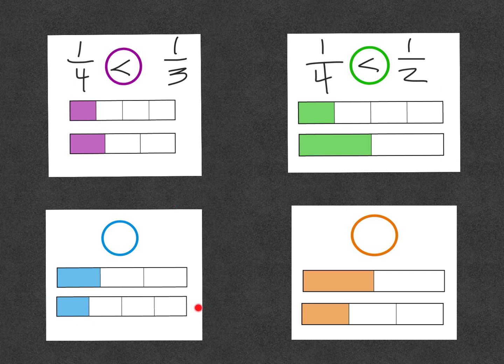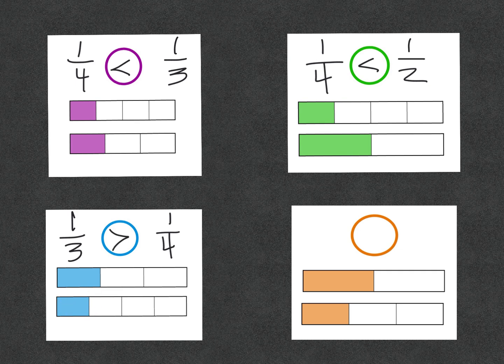Onto our blue set of fraction strips. There are again 2 wholes, one split into 3 equal parts, the other split into 4 equal parts. From this drawing, we can clearly see that 1/3 is greater than 1/4.